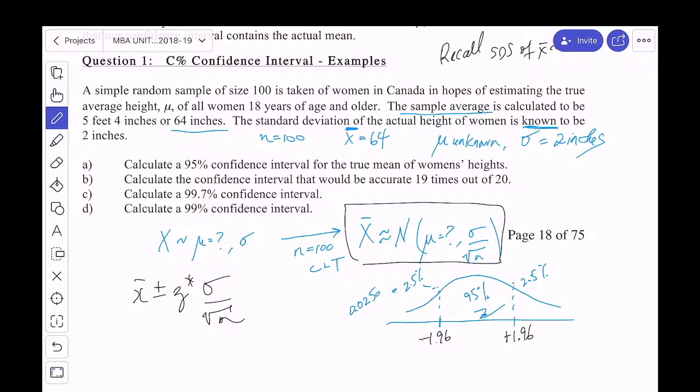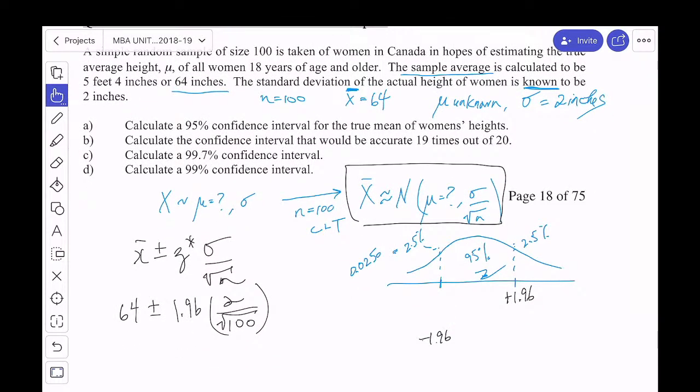So I'm going to put these numbers in now. So this is going to be 64 plus or minus 1.96, and I need sigma over root n, so I can just write it here, 2 over square root of n, 10. Well, I'll write it all out first. Okay, so you can make a confidence interval, and I go through the steps in the notes.